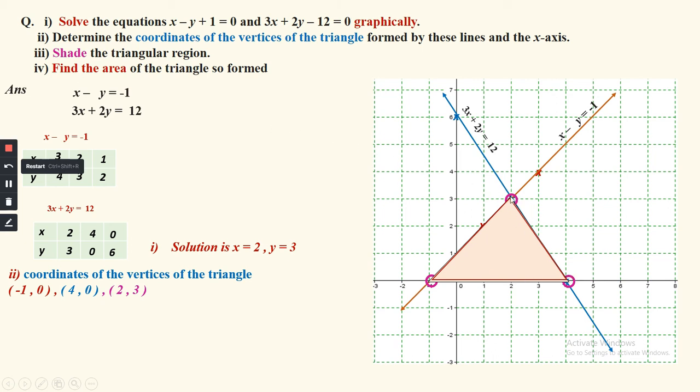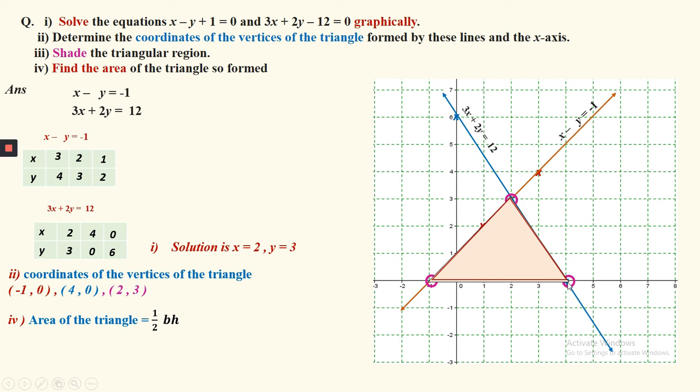We have to find the area of this triangle. And we know that for finding the area of a triangle, we need the base and the altitude, or the base and height. Area of the triangle is given by half BH. Now here, this will be treated as the base of the triangle. So for that, you will identify the number of units from here till here.